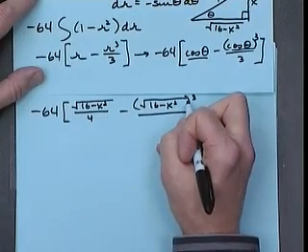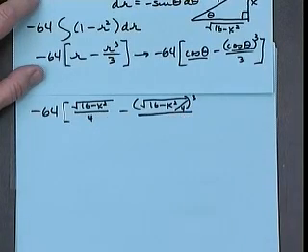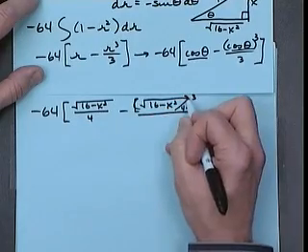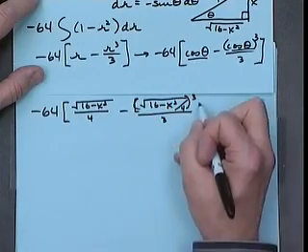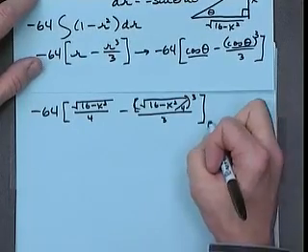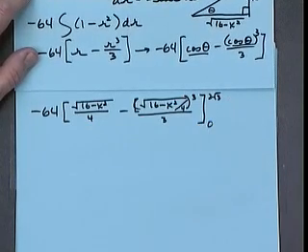Sorry, that should be over 4, right? Yes. That whole thing's going to be cubed over 3. Now we can bring back our original limits of integration, because those are x values.